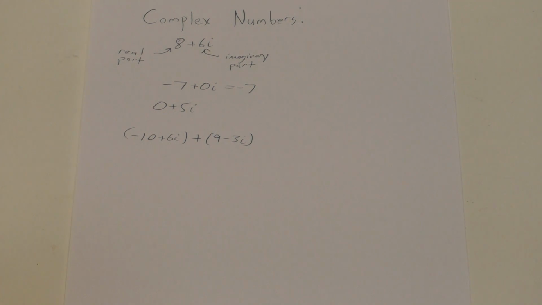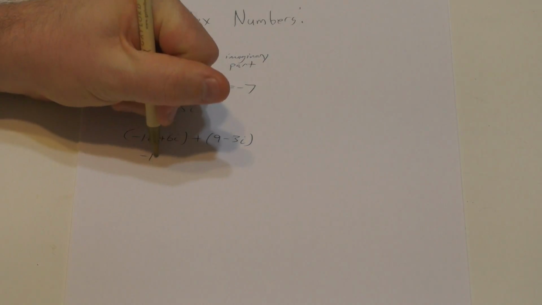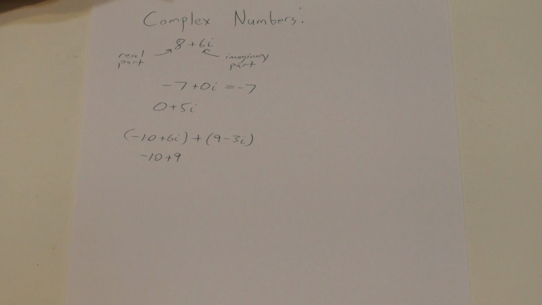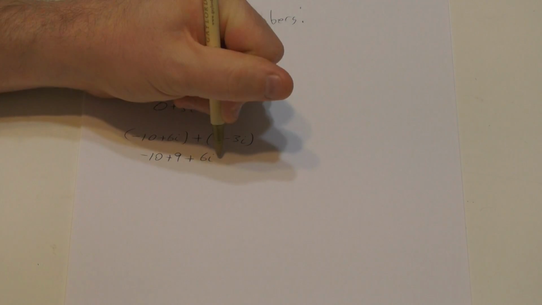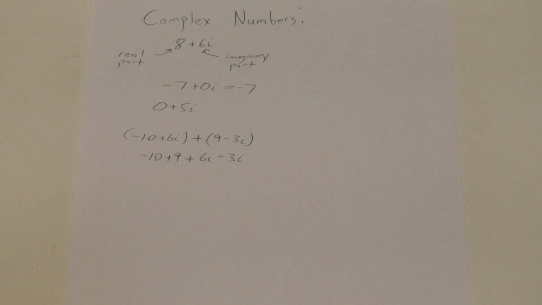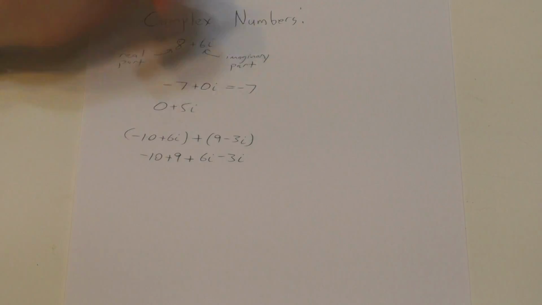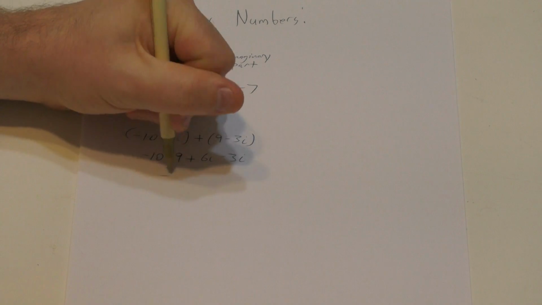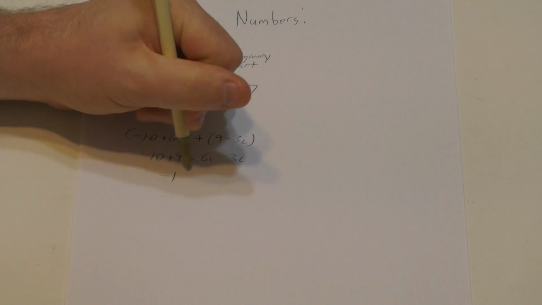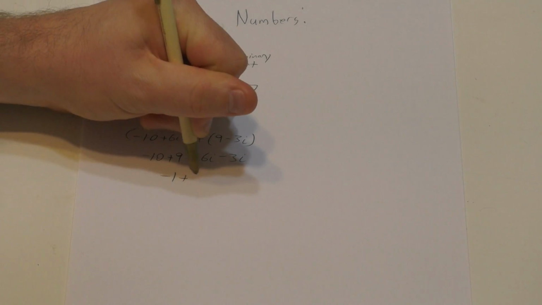All you're going to do, you guys, is combine like terms. That's all you have to do when you're adding complex numbers. So I'm going to take -10 plus 9, that's my real part, plus 6i minus 3i, that's my imaginary part. So taking the real part, those like terms, and the imaginary part, those are like terms, and combining them together, -10 plus 9 is -1. 6i minus 3i is plus 3i.